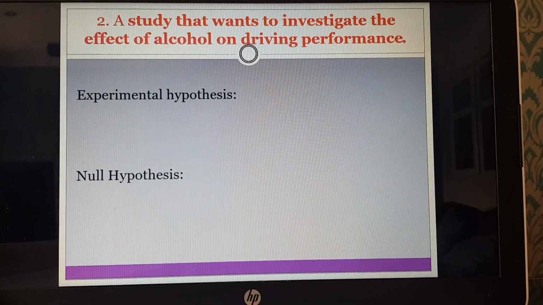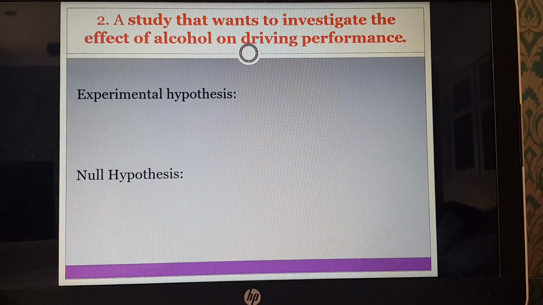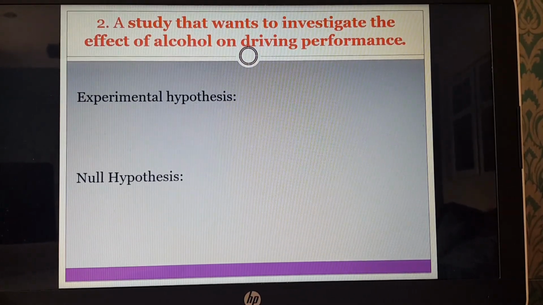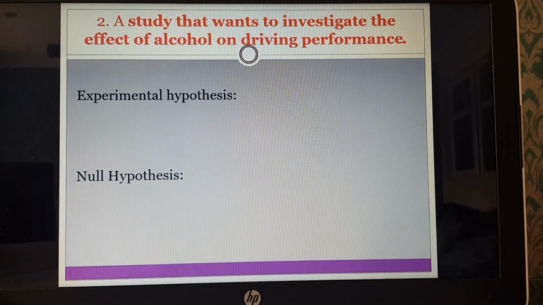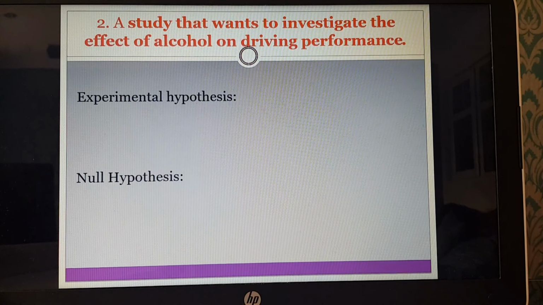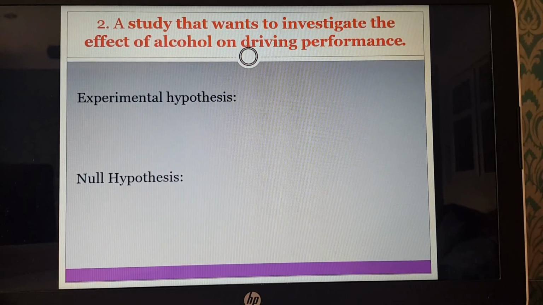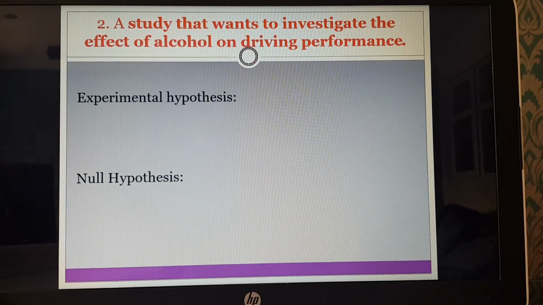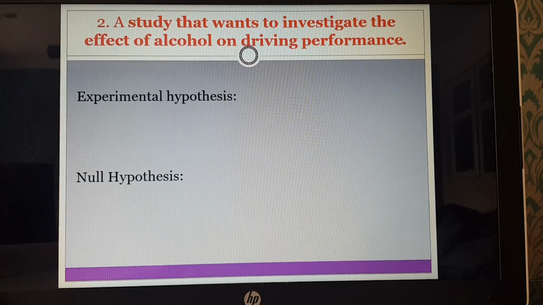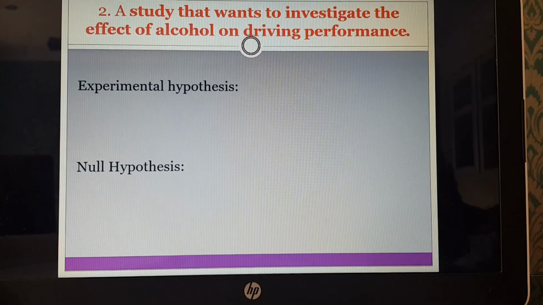So our experimental hypothesis here would be along the lines of: alcohol will have a negative effect on driving performance, or alcohol will affect our driving performance. And the null hypothesis would be: alcohol will have no significant effect on driving performance. So remember, in our null, we're saying no effect is going to be found, which is the opposite of the experimental.